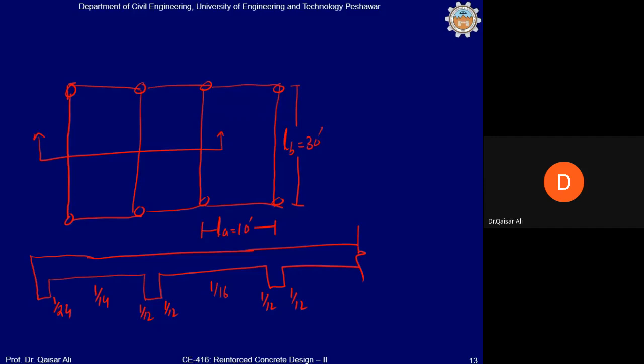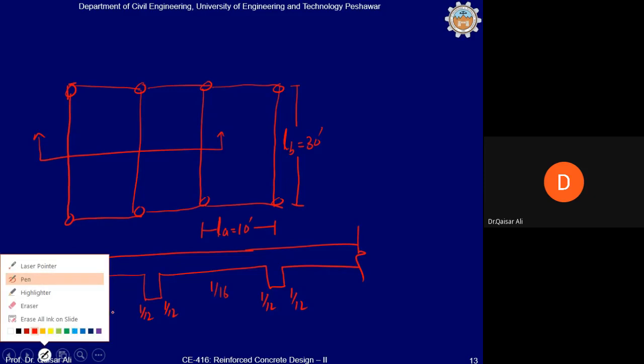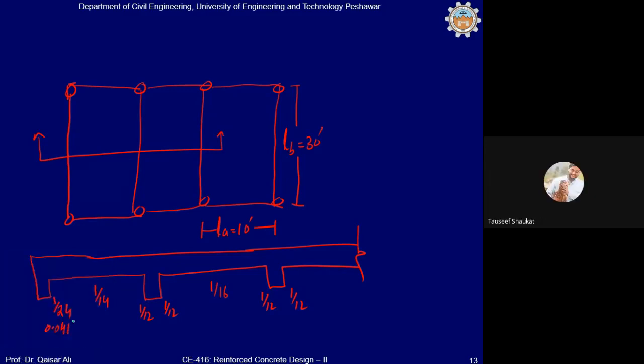अब इसको जरा डेसिमल फॉर्म में लेके, 1 over 24 is equal to how much? Fraction form से जरा convert करें. 0.041. 1 over 14 is 0.071. 1 over 12 is 0.083.